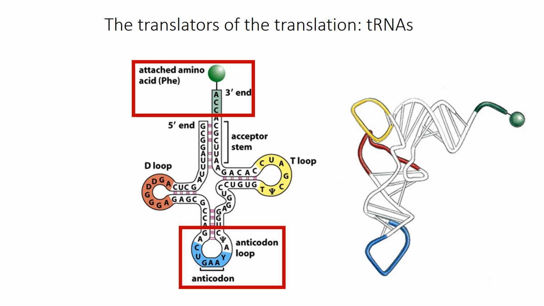And for all the different amino acids, we are going to have a specific tRNA. In this case, it's phenylalanine. And these tRNAs will then have to line up one after the other exactly as it has been originally specified in the DNA polymer in order to make the protein polymer.